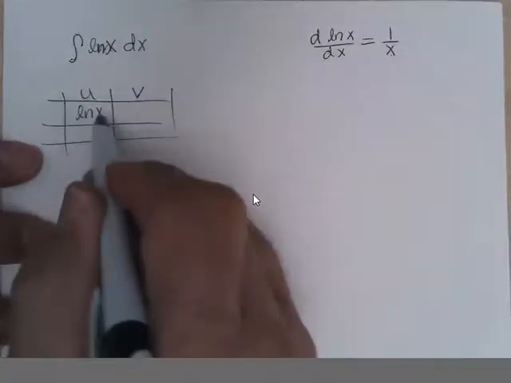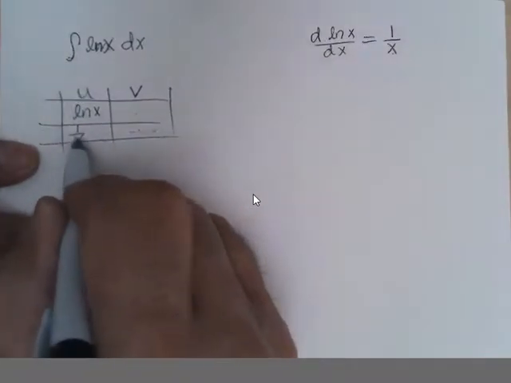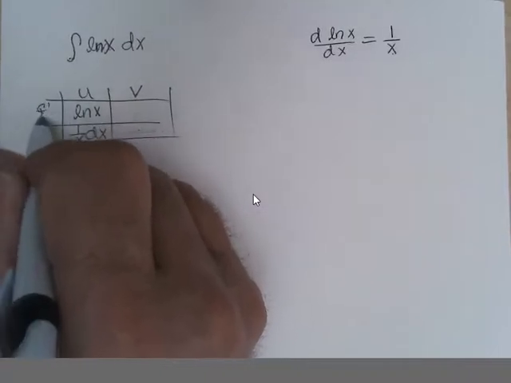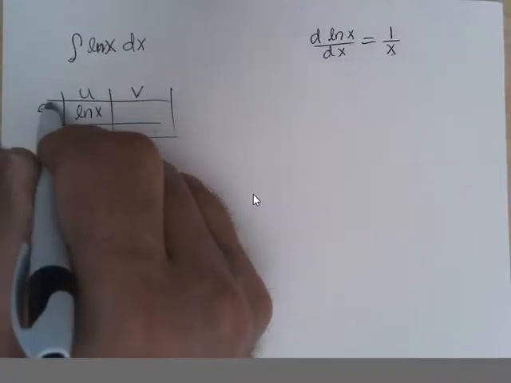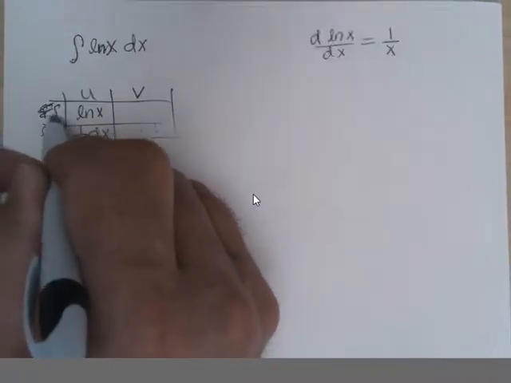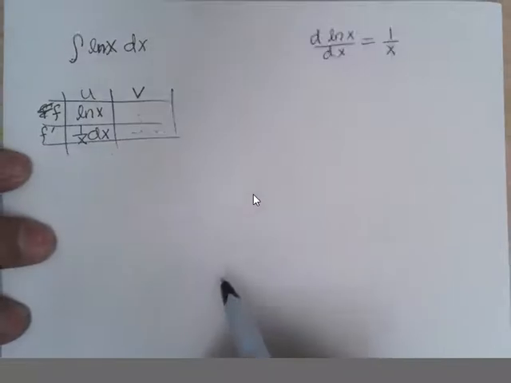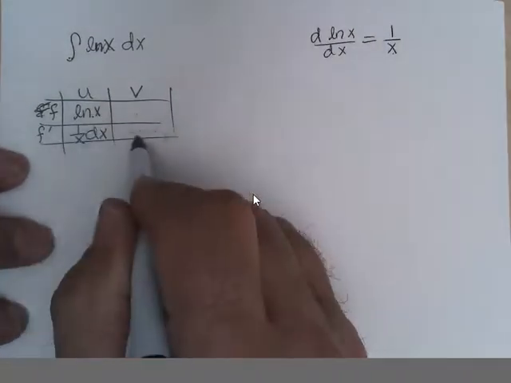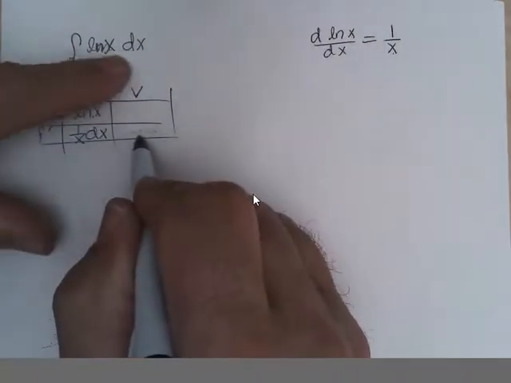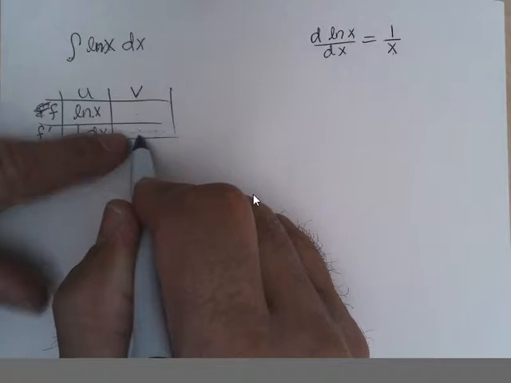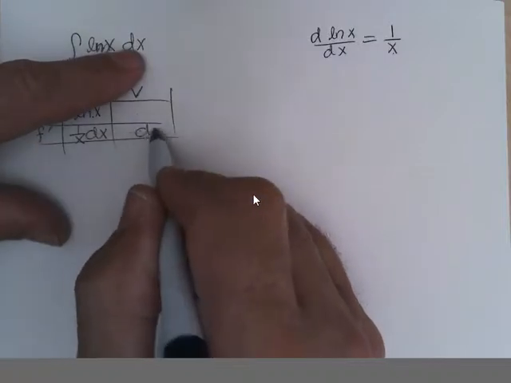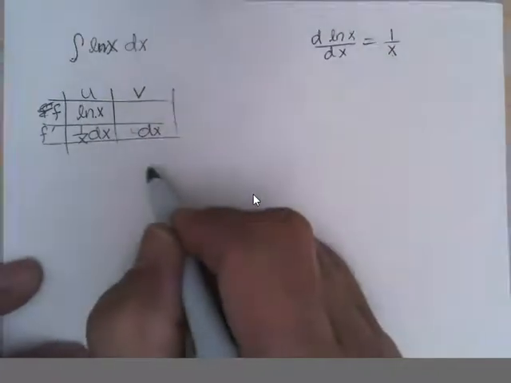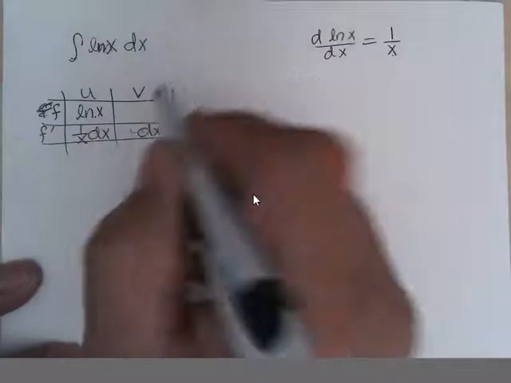The derivative of ln x is 1 over x dx. This is f, and this is f prime. So if I put ln x there, I must put what's left down here, which is only the dx, which is 1 dx. The antiderivative of 1 is x.